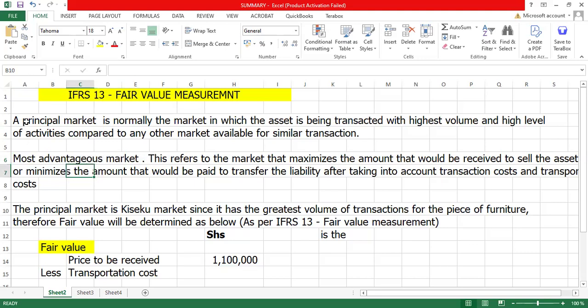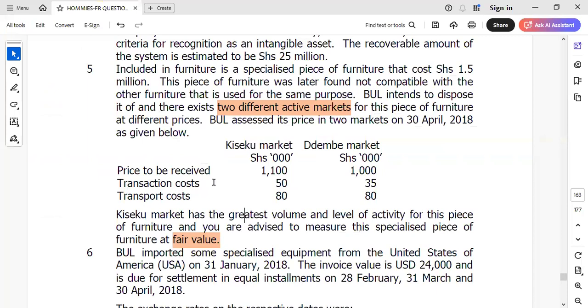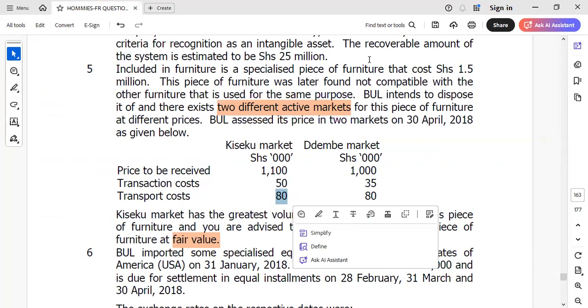But as long as you have the principal market, as you get your fair value, simply get the price to be received, then you remove the cost to sell, that is the transportation cost. And we are given the transportation cost as how much? The handout I have doesn't have the question. I don't have the QB yet. Okay, so the transport cost is 80,000.